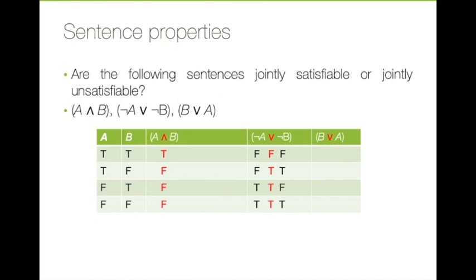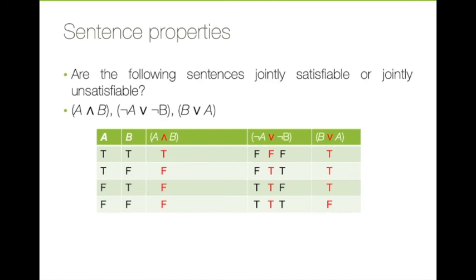In the second row, not A is false, but not B is true, so the disjunction is true. In that second, third, and fourth row, at least one of those two disjuncts is true, and we know from how disjunction works that as long as one disjunct is true, the whole disjunction is true.